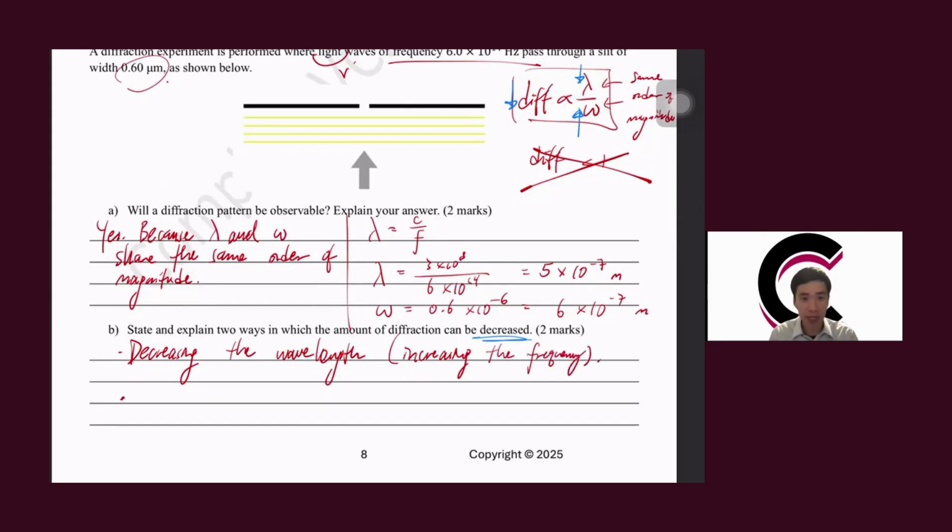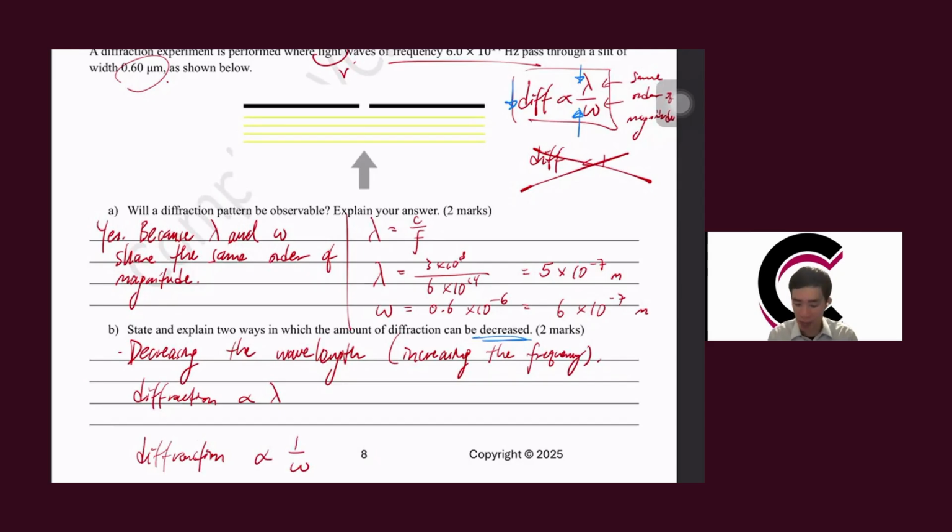The second point you can say is, you're going to state and explain. So you have to explain as well. You can't just state the change, you're going to explain why. In that case, you can simply say in words, or you quote the equation: diffraction is directly proportional to lambda, and diffraction is inversely proportional to the width.